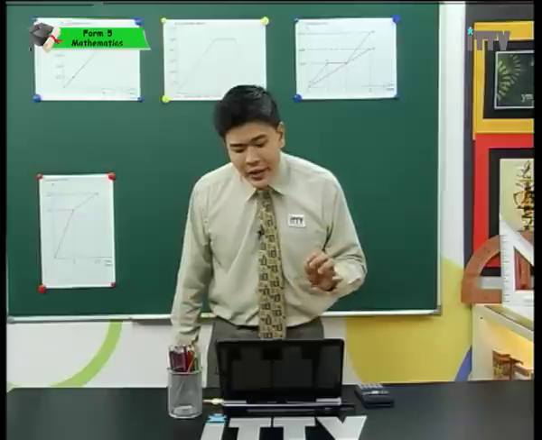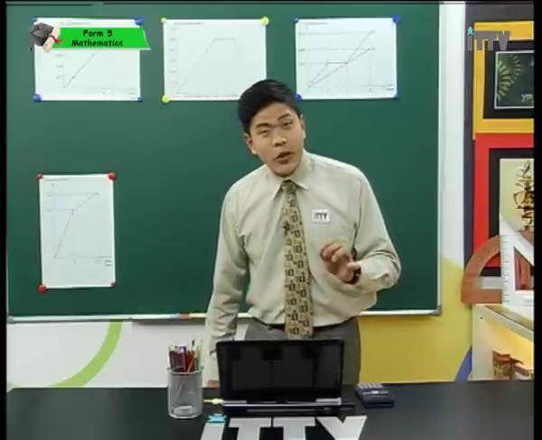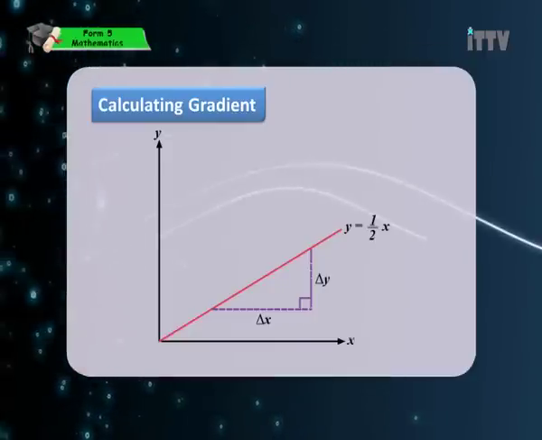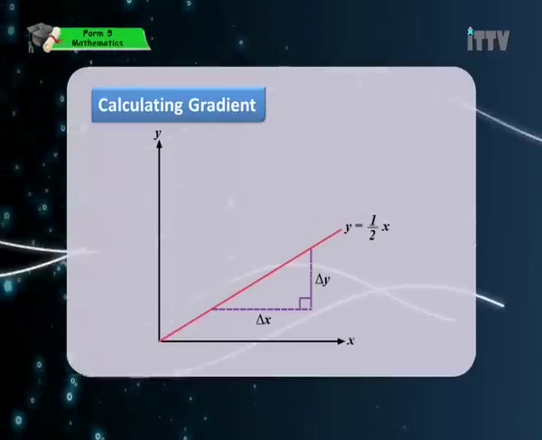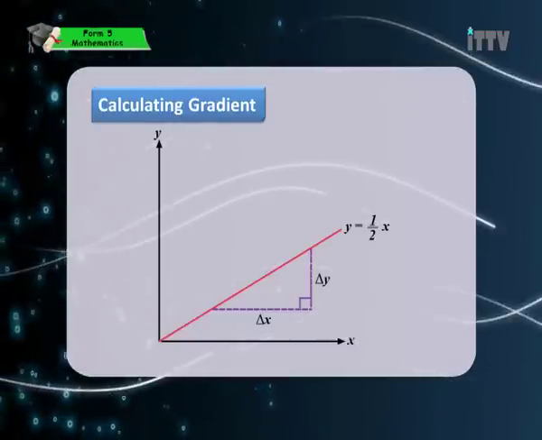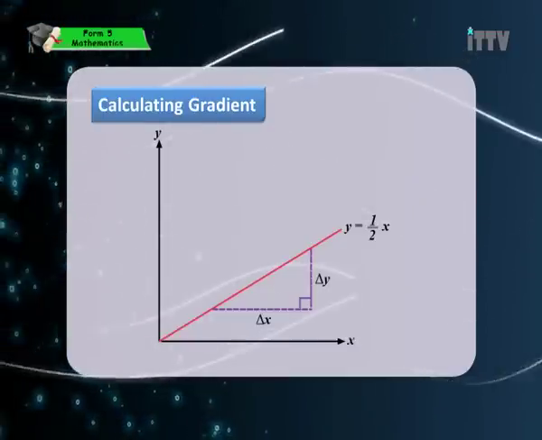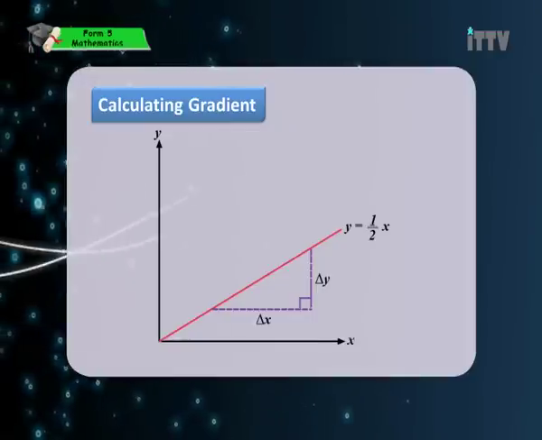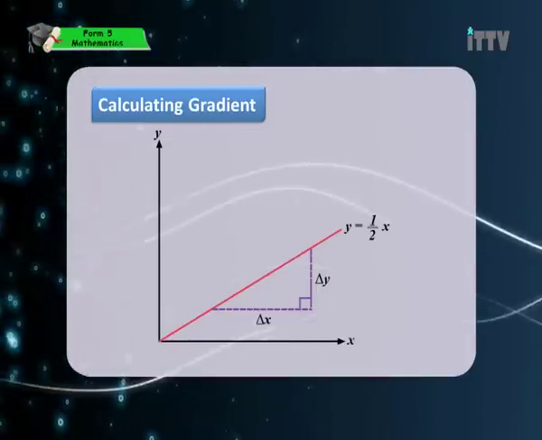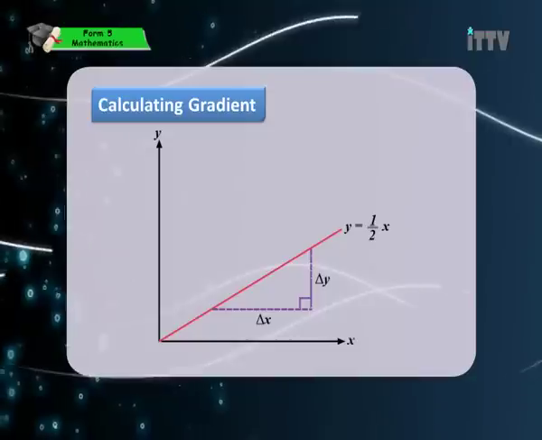Now let's take a look at these three graphs again that we have seen earlier on. We start with the line with the least gradient, y equals half x. Now, what is the gradient? We can find it by taking any 2 points and determining the vertical distance, as you can see, and dividing it by the horizontal distance.